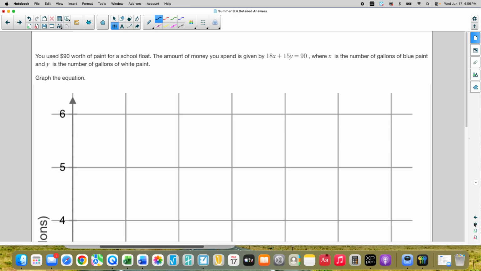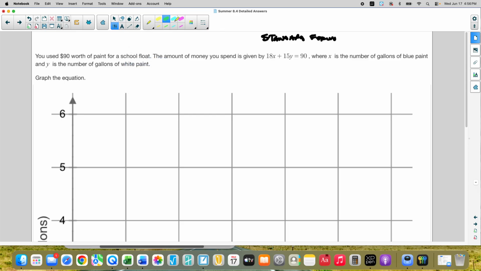You use $90 worth of paint for a school float. The amount of money you spend is given. Notice this is in standard form. Standard form tells us what the x and y intercepts are, where x is the number of gallons of blue paint.